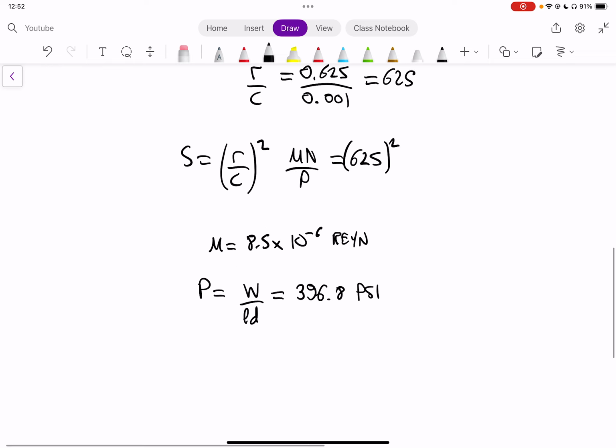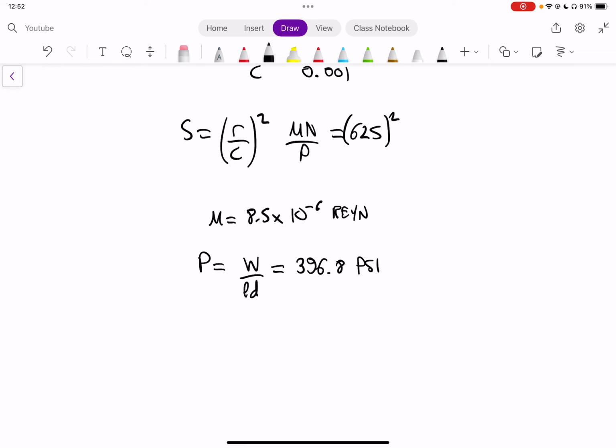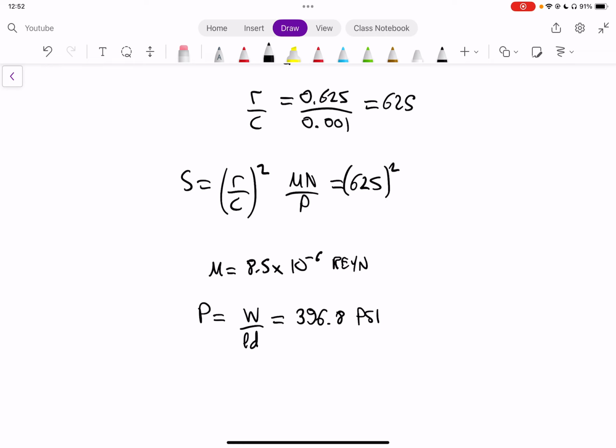And finally, we already have our N or our RPS, so we're good to go. So let me just plug in the value. So we have 625 squared times 8.5 times 10 to the minus 6 multiplied by 18.67, all divided by 396.8.